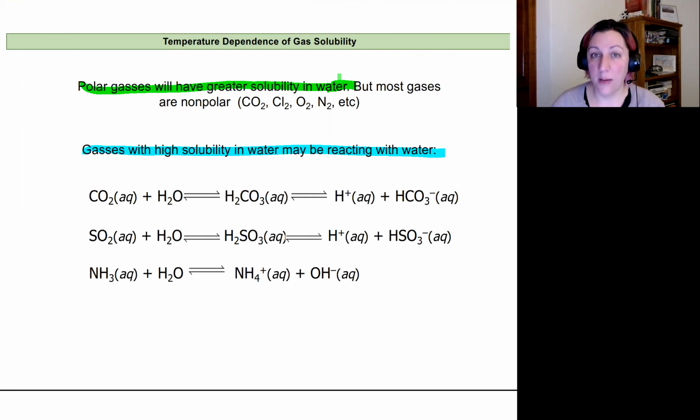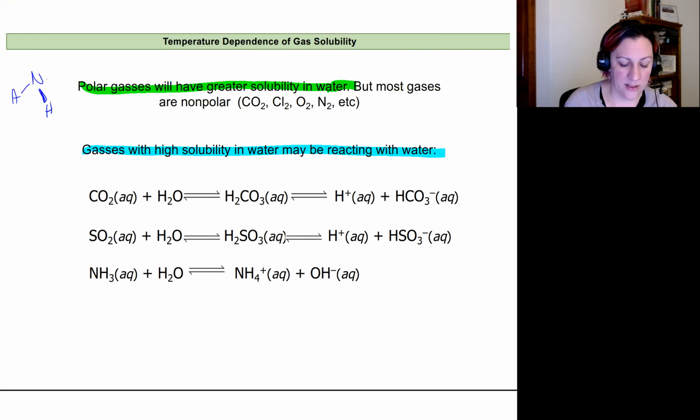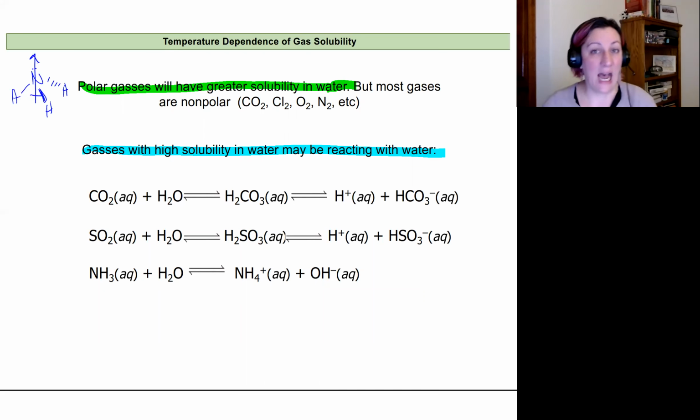So ammonia would be a polar gas, right? NH3. And it was our gas that had the highest solubility. It's like 89 grams per 100 grams of water. It's crazy high, and it's not just due to this polarity. It's because as that ammonia gas dissolves in water, becoming aqueous ammonia, it reacts with water in an acid-base reaction.